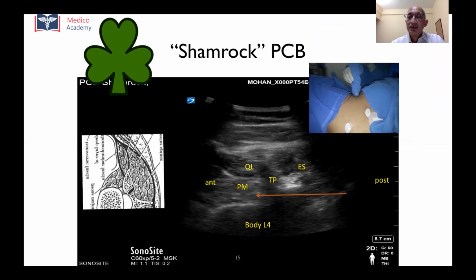And once we have this image, the block needle is inserted from the back, again about 3 to 4 centimeters from the midline, and we can see the whole needle with ultrasound as it enters the psoas muscle, and there under vision we can do the local anesthetic deposition.